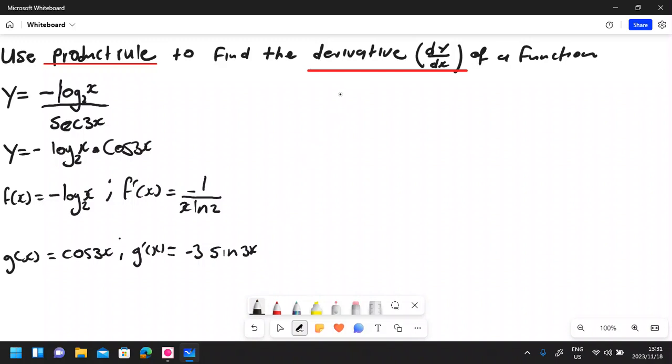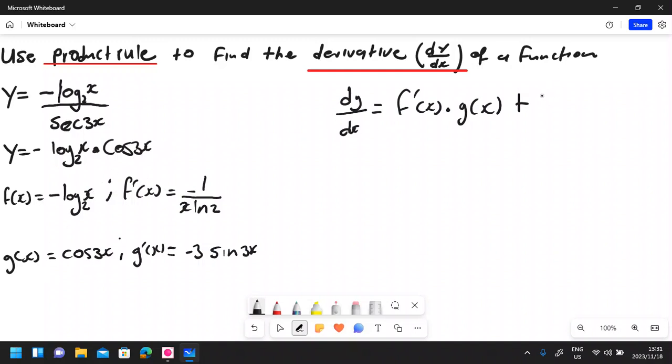Now remember, the formula for the product rule: dy over dx equals f of x prime, the derivative of the first function here, multiplied by g of x, plus, remember, g of x is not differentiated, and our g of x, don't forget, is this one.